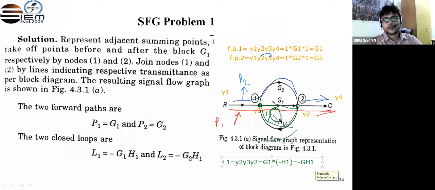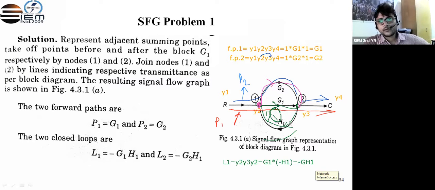Okay, and another loop is there. What is the loop? Let us see the loop. Say that loop is starting from here, from y2, it will take this direction to y3.